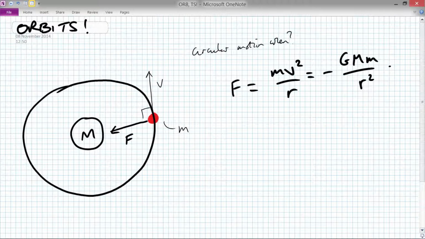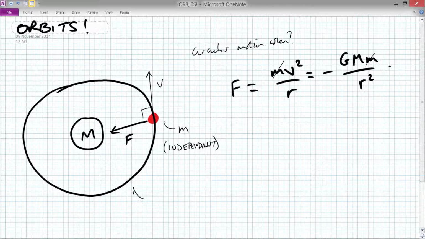So there are some interesting things we can look at. Equating these, the first thing we can see is that the m's cancel. So orbital motion is independent of this mass m. We don't care about your mass, and again that makes sense because we're operating within a potential field, a scalar field, so we shouldn't be surprised that it doesn't matter what my mass is.